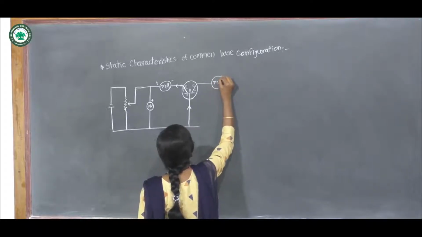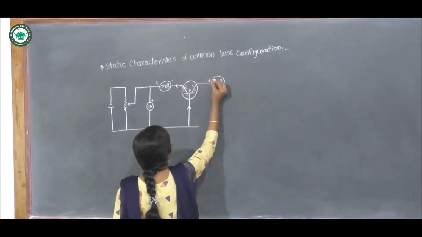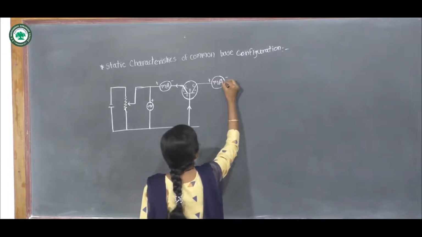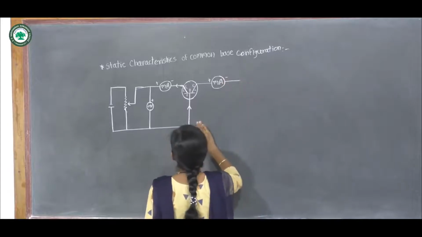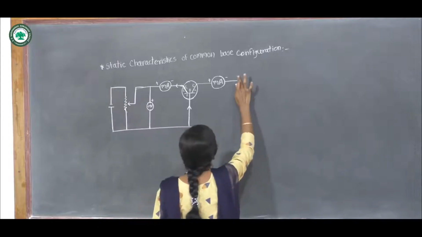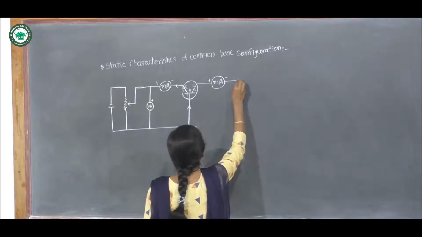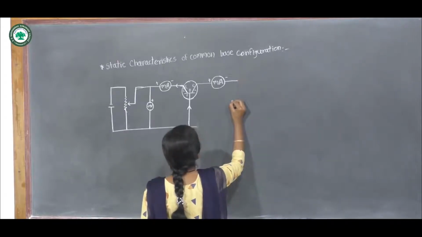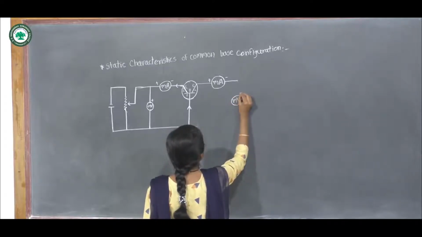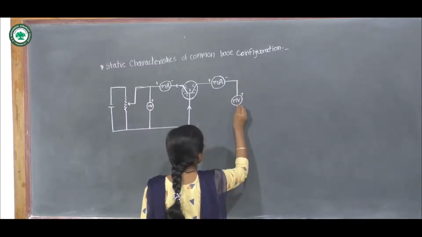To both the input as well as output circuit, the milliammeter is connected in series in order to observe the input as well as output current, and millivoltmeter is connected in parallel to observe the input as well as output voltages.